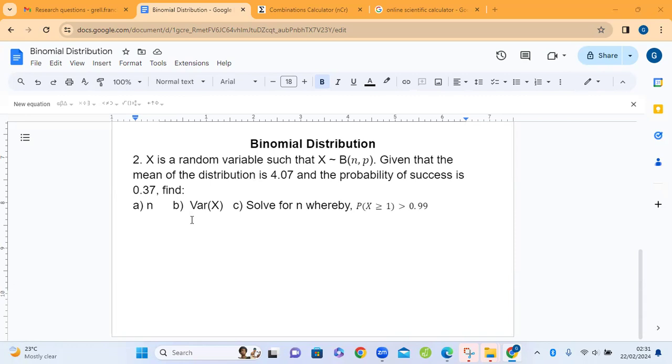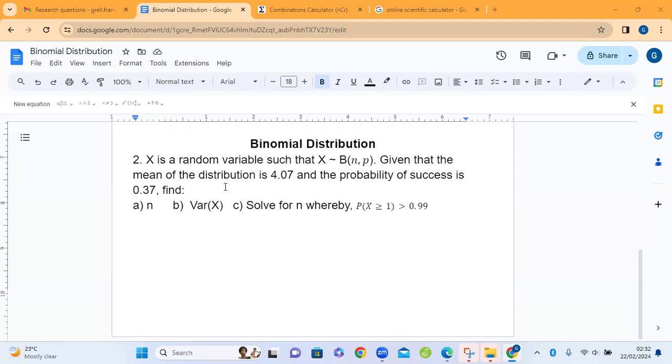It says here, a binomial distribution, a random variable x, such that x approximates a binomial distribution with a sample size of n and a probability of success p.